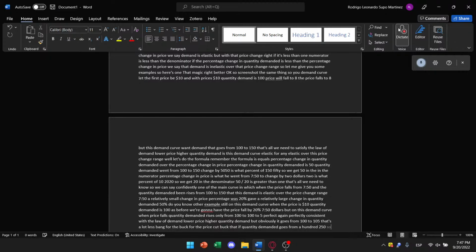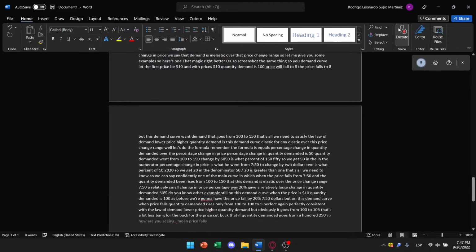So we've already seen that when price falls from 10 to 8, that's a 20% cut in price. So the denominator is 20. What is the numerator in this case? 5%. Quantity demanded changed from 100 to 105, changed by 5. 5 is 5% of 100. Easy numbers.